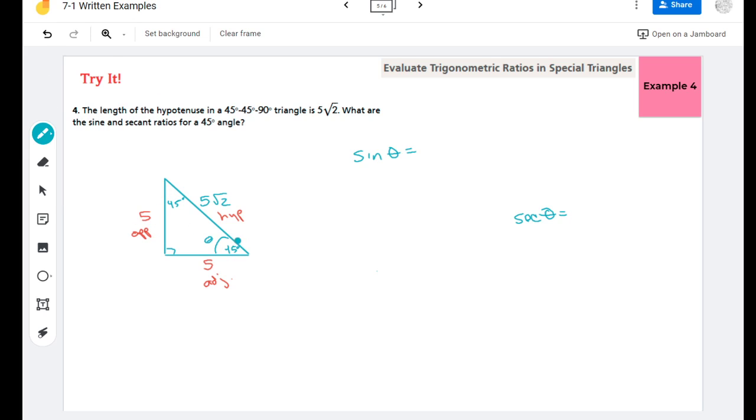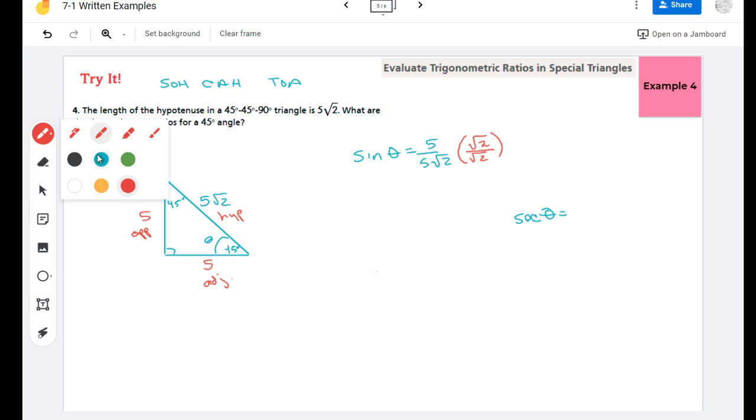So our sine, if I use SOHCAHTOA, is the opposite over the hypotenuse. So it's 5 over 5 root 2. Now again, we need to multiply by the number 1 that causes that root 2 to cancel out. And so you could see my 5's cancel out, and I'm left with root 2 over 2 for my sine.